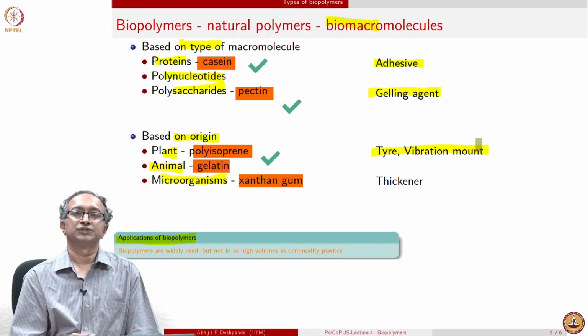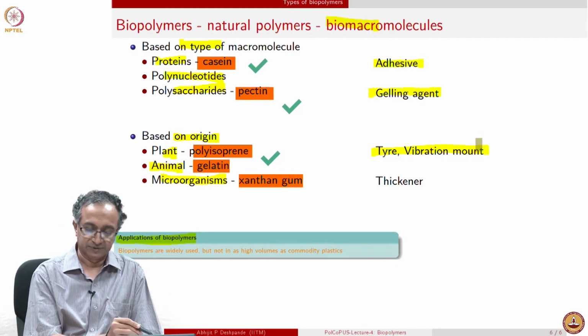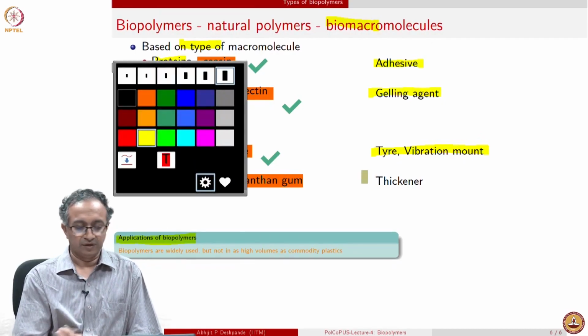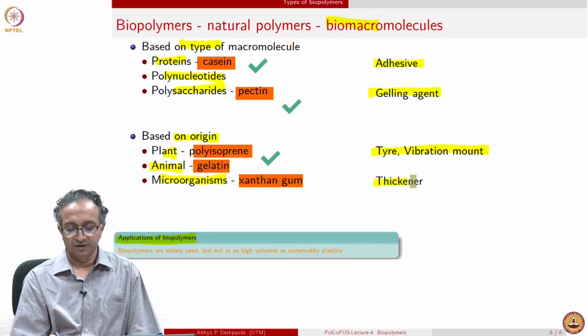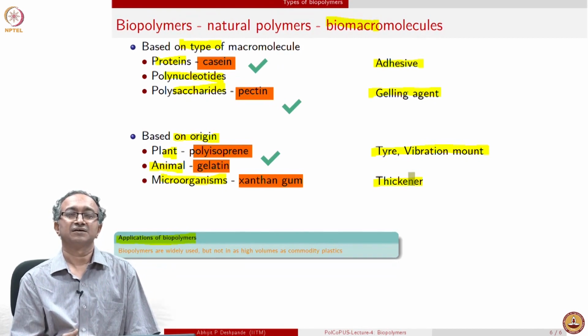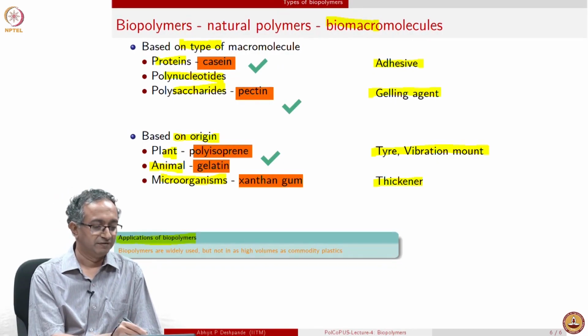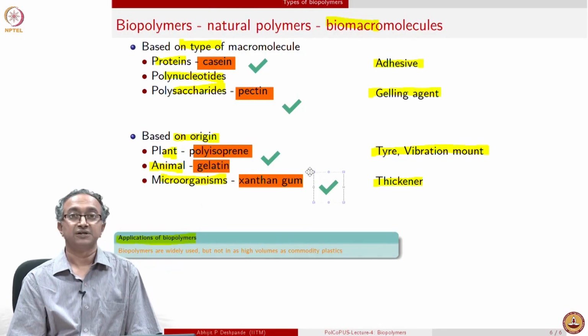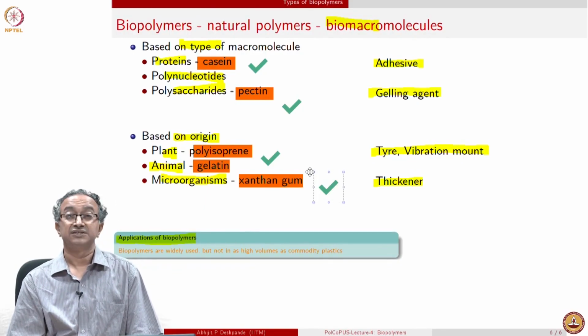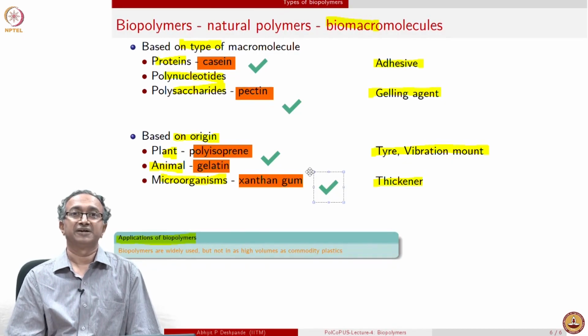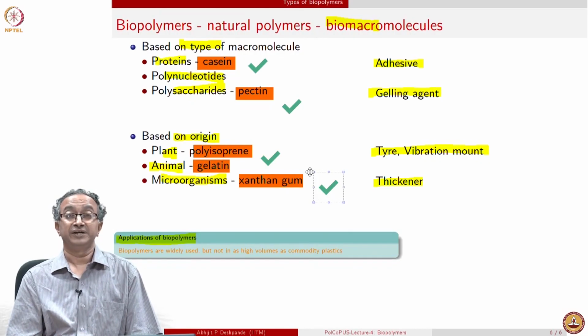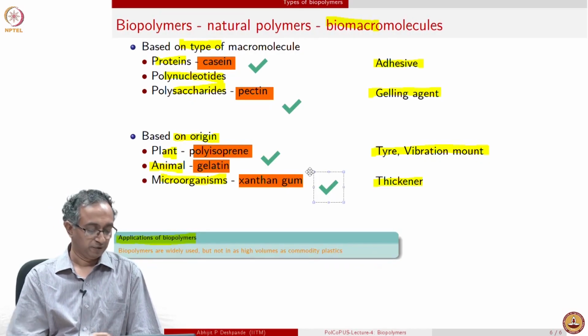Even in shoes or many other footwear applications, we use natural rubber at times. Also, there is modifying viscosity, the thickener. A thickener is an application where we add a small amount of a material and that changes the viscosity. In this case, let us say xanthan gum, the way it is used is we use it along with water, and then it increases the viscosity by orders of magnitude, and that is why it is called a thickener. So, you can see that very wide ranging applications of these biopolymers are present.